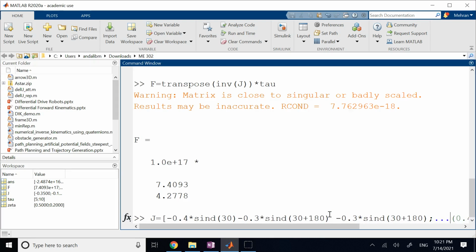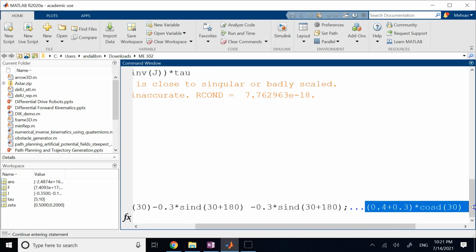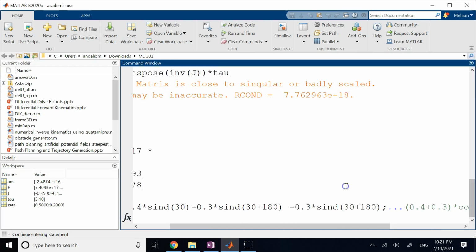Then we see if it allows me to go to the next line, or it's going to pick on me.